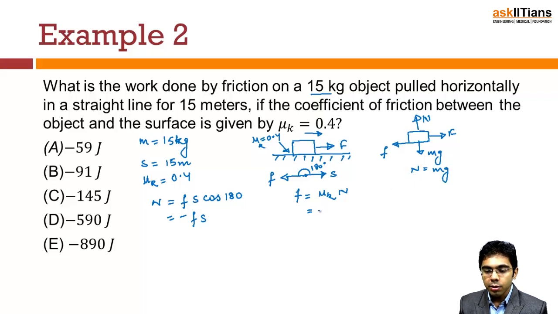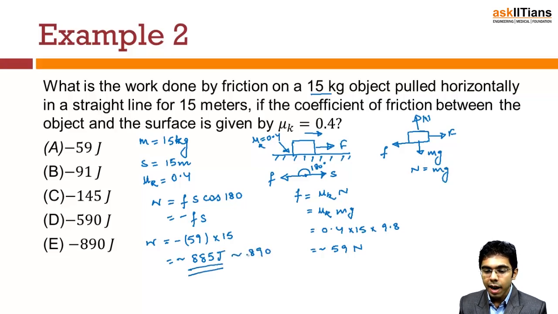So mu k mg is 0.4 into 15 into 9.8, which is nearly 59 newtons. So work done will be minus 59 into 15, which comes out to be nearly 885 joules, so nearly minus 890 joules.